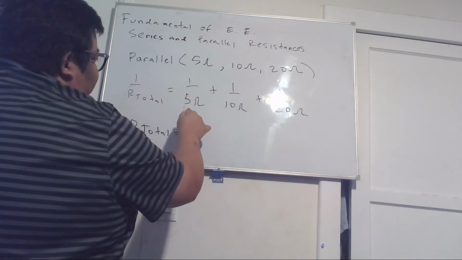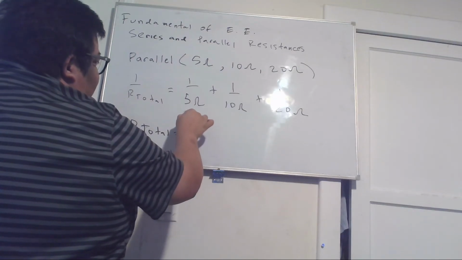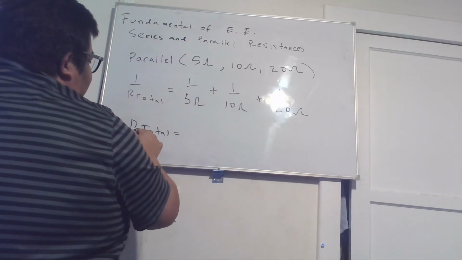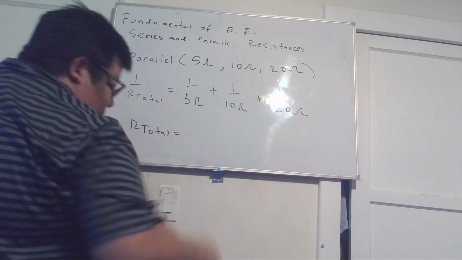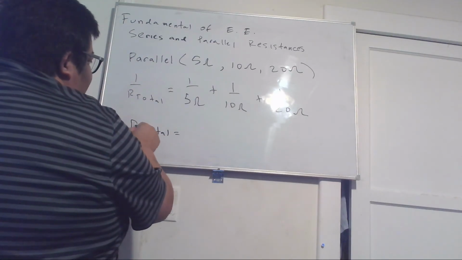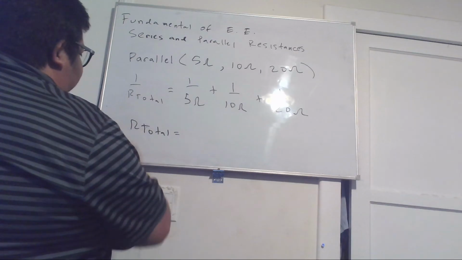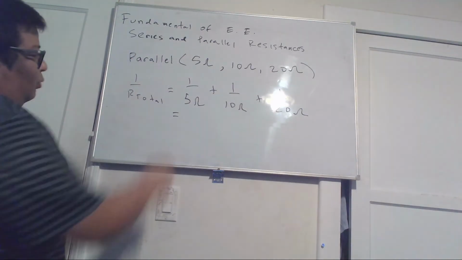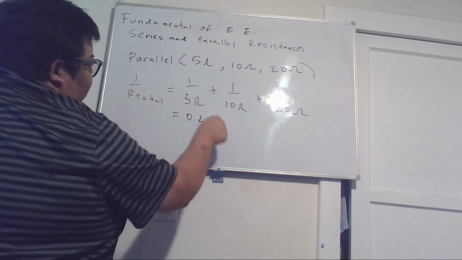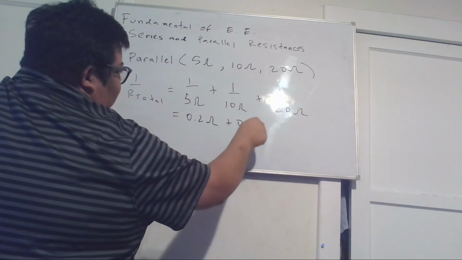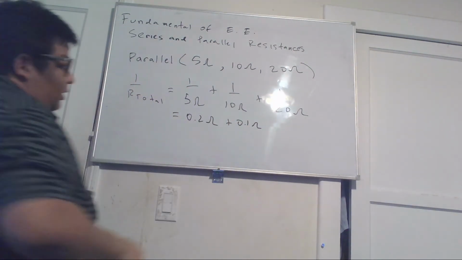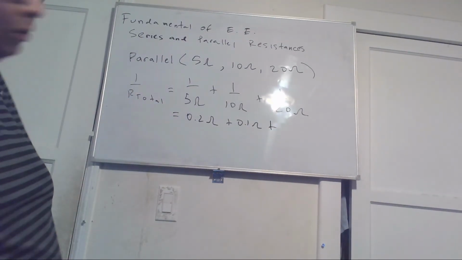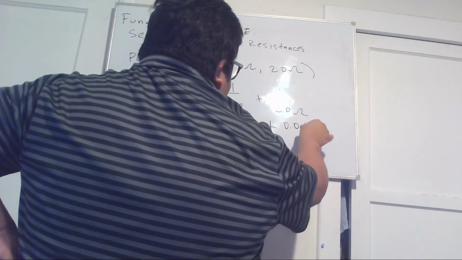What's 1 over 5? I'll do it in two parts. First, our 1 over R total is equal to 1 over 5, which is 0.2 ohms, 1 over 10, which is 0.1 ohms, and 1 over 20, which is 0.05 ohms.